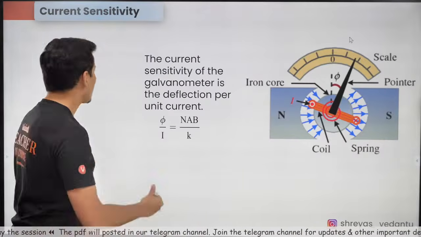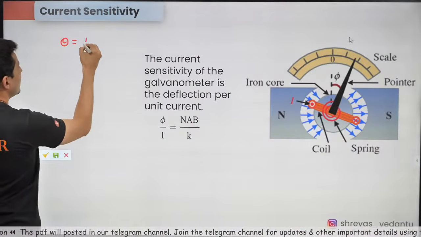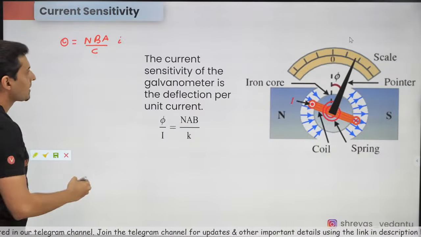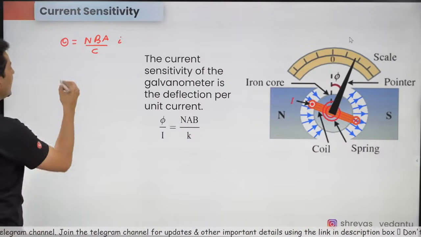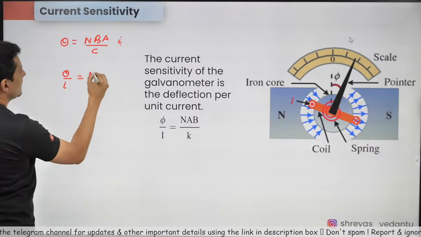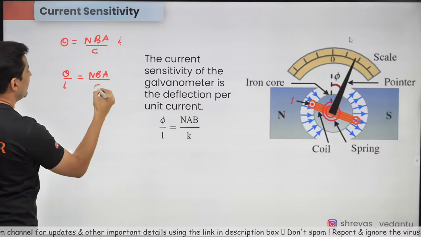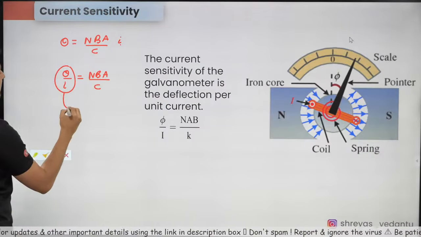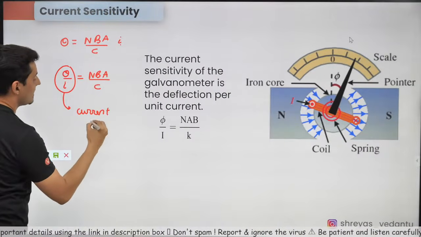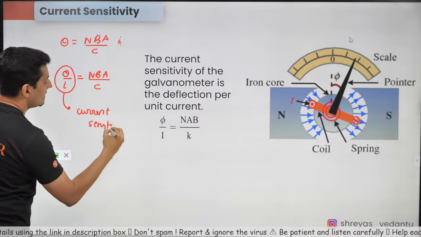We just saw that theta is nothing but NBA divided by C into I. How much is the deflection per unit current? That means bring this I below. So theta by I will be nothing but NBA divided by C. This quantity over here is called current sensitivity.